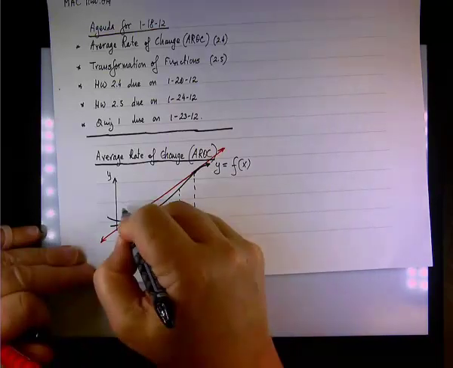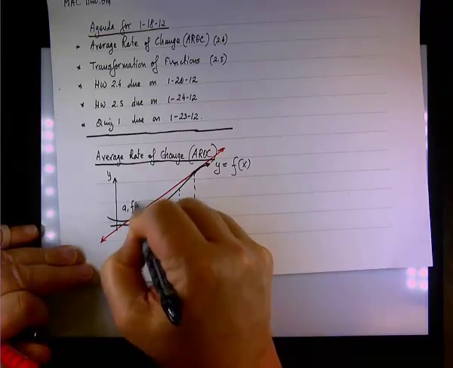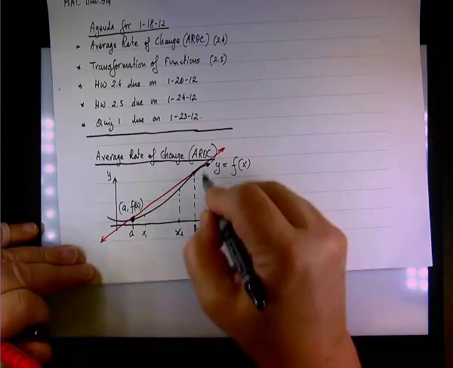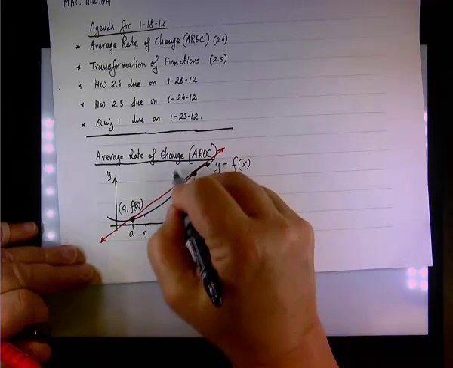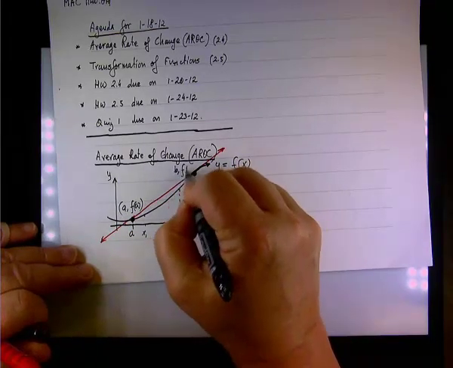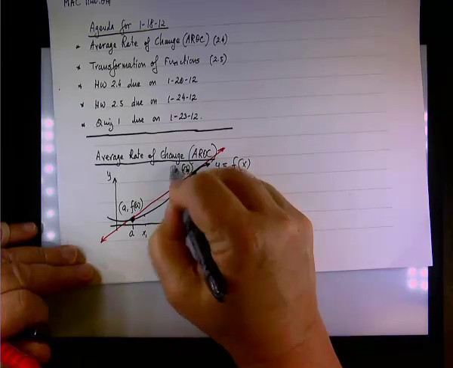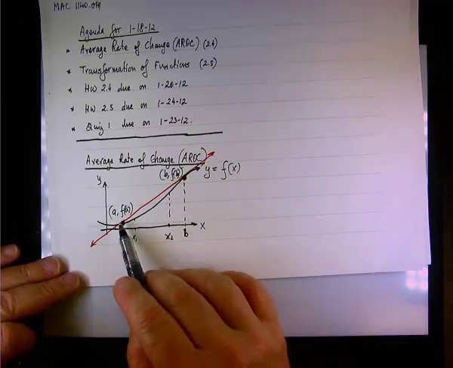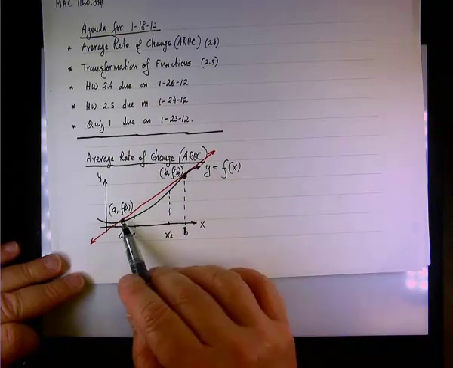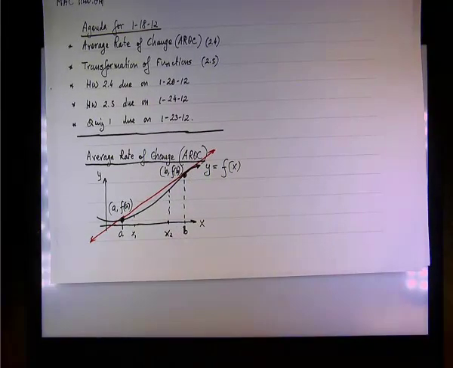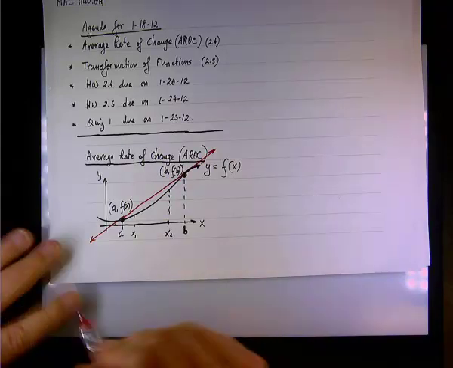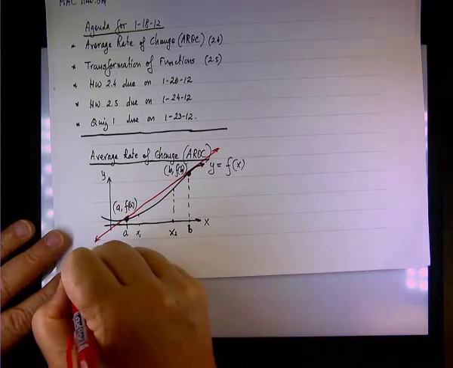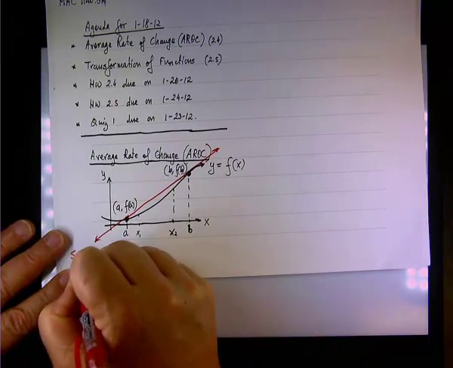This point has an x value of A and a y value of f of A, and this point right here will have an x value of B and a y value of f of B. And we're going to say that the average rate of change will be the slope of this line. This line intersects the curve at 2 points. We call it the secant line.